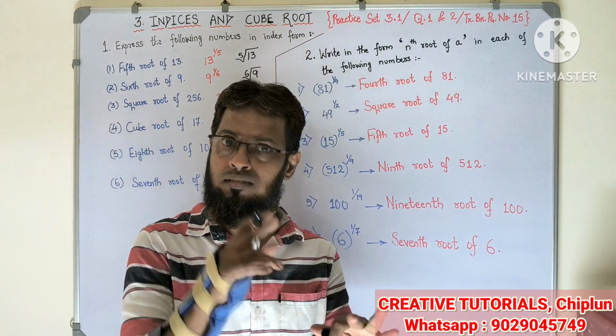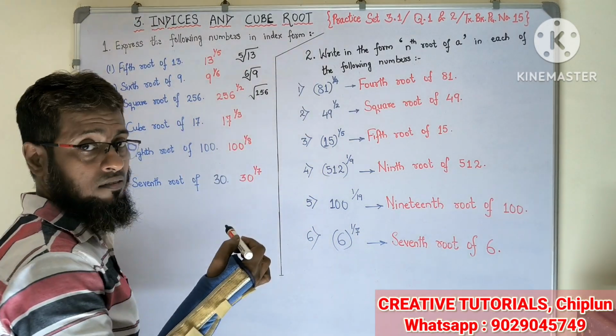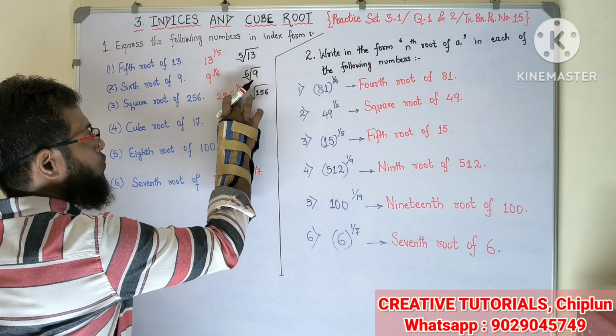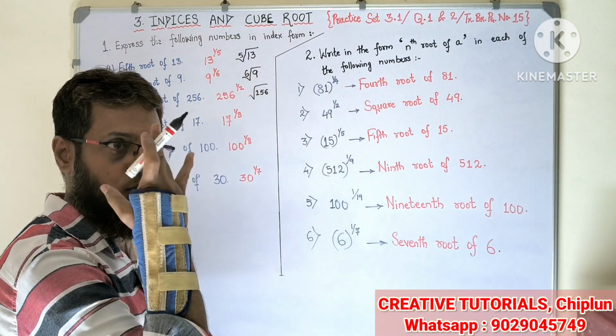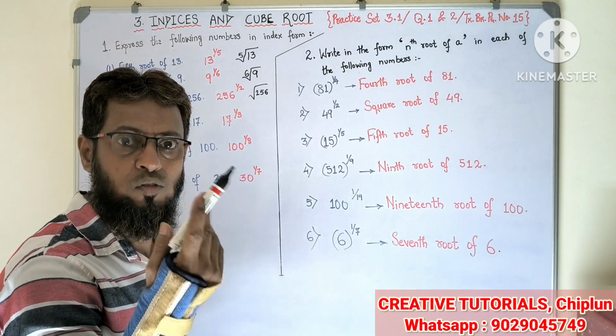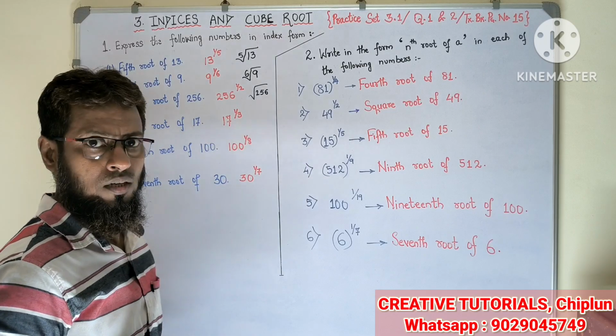It's understood that the number 2 is there. So when we remove this radical sign, this becomes 1/2. जो 2 है उसका उल्टा हो जाता है, रेसिप्रोकल हो जाता है उसका, या उसको मल्टीप्लिकेटिव इनवर्स इसको बोलते हैं. So it becomes 256 raised to 1/2.